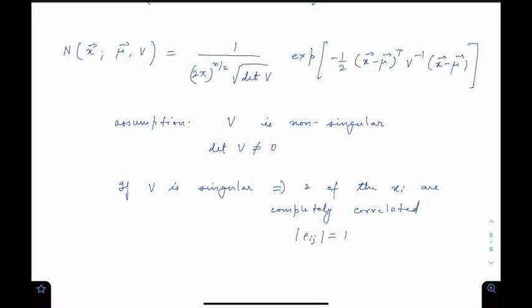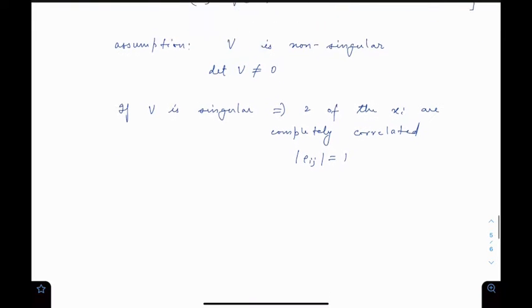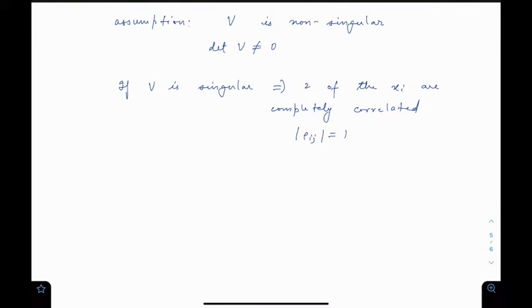And in such a case, we can replace xj by some function of xi, therefore reducing the dimension by 1.